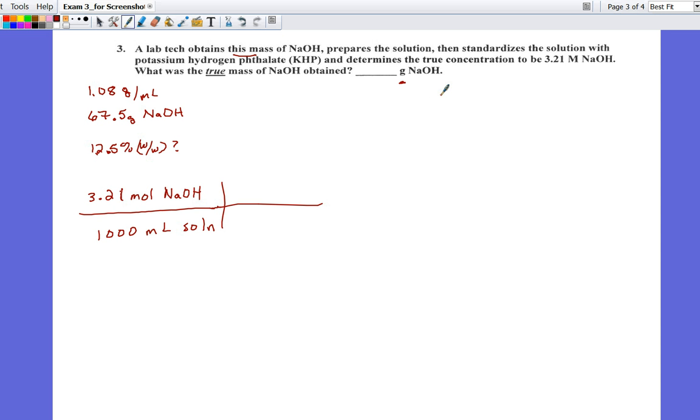Hydrogen is 1.008. So I get that 1 mole of NaOH is 39.997 grams of NaOH.